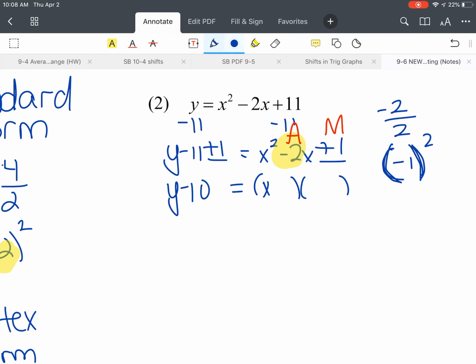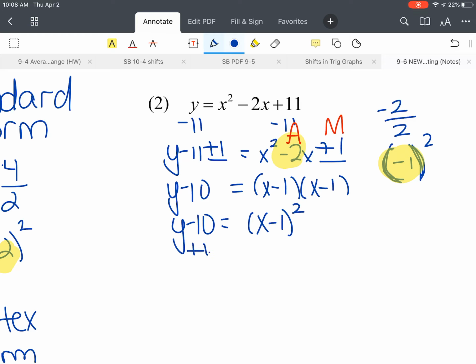Well, that's going to be negative 1 and negative 1. Again, it's always the same number twice, and it's always that number I just highlighted.